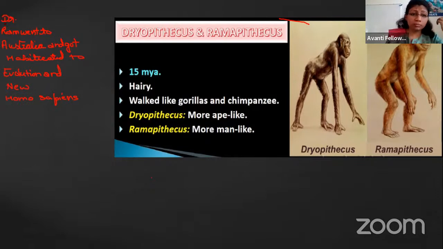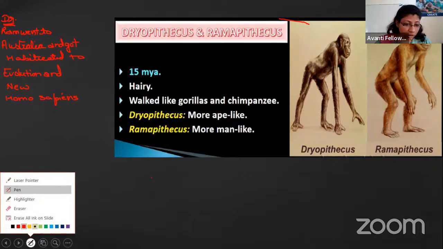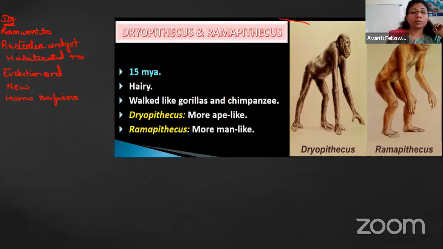So the first word is the doctor. This doctor stands for Dryopithecus. Let me change the color, and then we'll write each and every sequence. So this doctor stands for the first member towards human evolution, that is Dryopithecus.